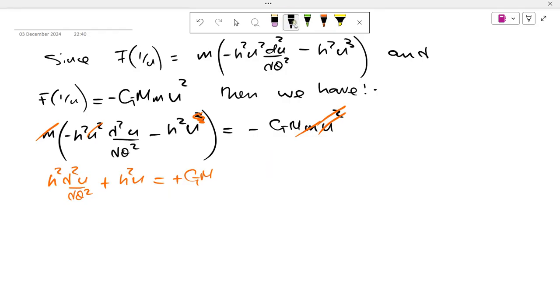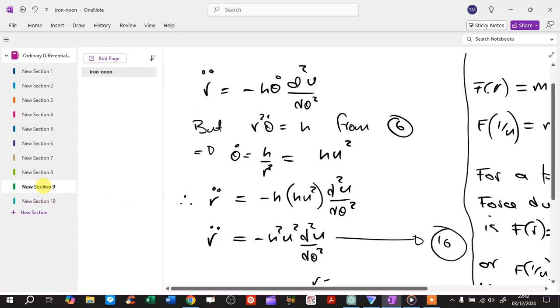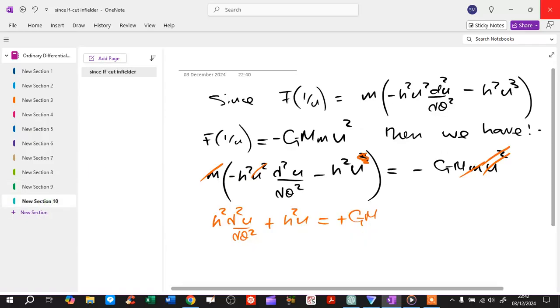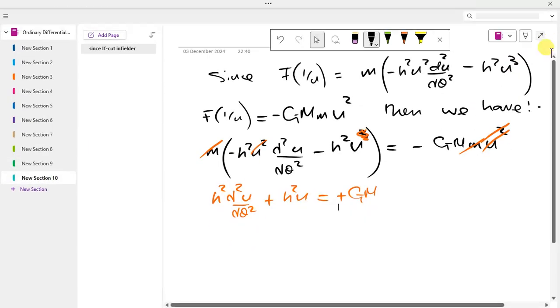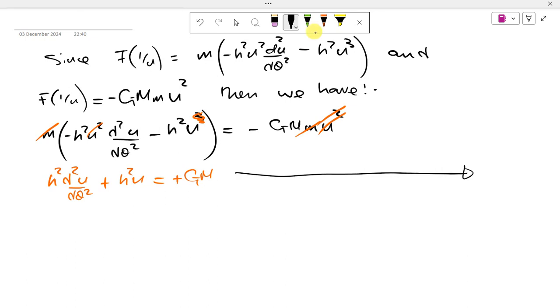Now, this equation, I can't remember what equation labels we got up to. Let's just have a look. So we got up to equation 16, didn't we? So we'll call this equation 17.